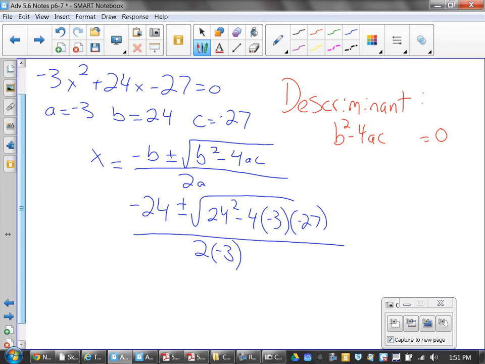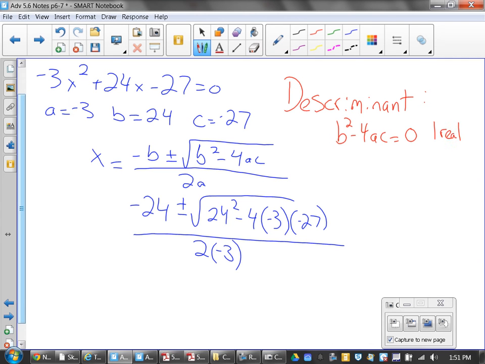So if the discriminant equals 0, you have one real solution. If the discriminant was greater than 0, in other words, positive, you had two solutions. You had two real solutions.